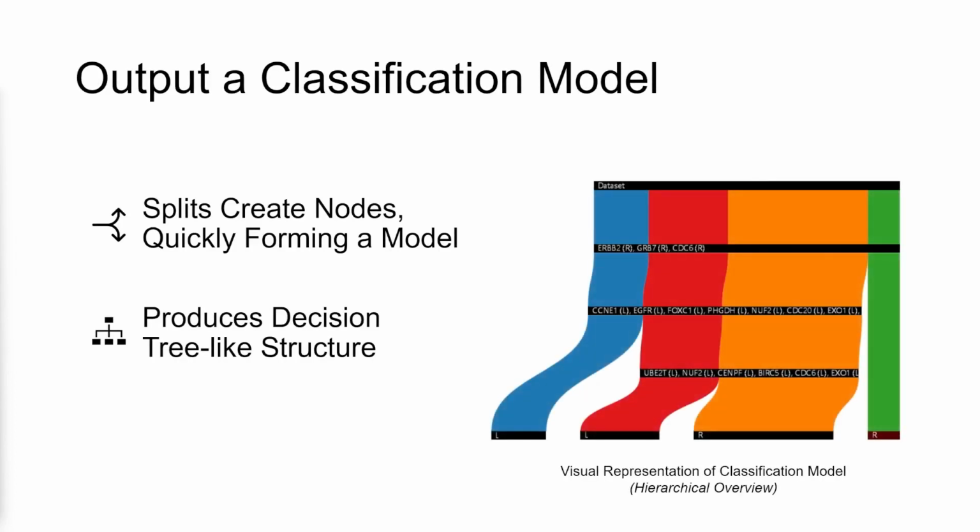The resulting model is shown as a decision tree-like structure. Looking at the tree from the top down, there are nodes that represent partitions between the different clusters, each formed from one of the researcher's decisions. The significant genes identified before are embedded in this structure, allowing the model to be easily understood.